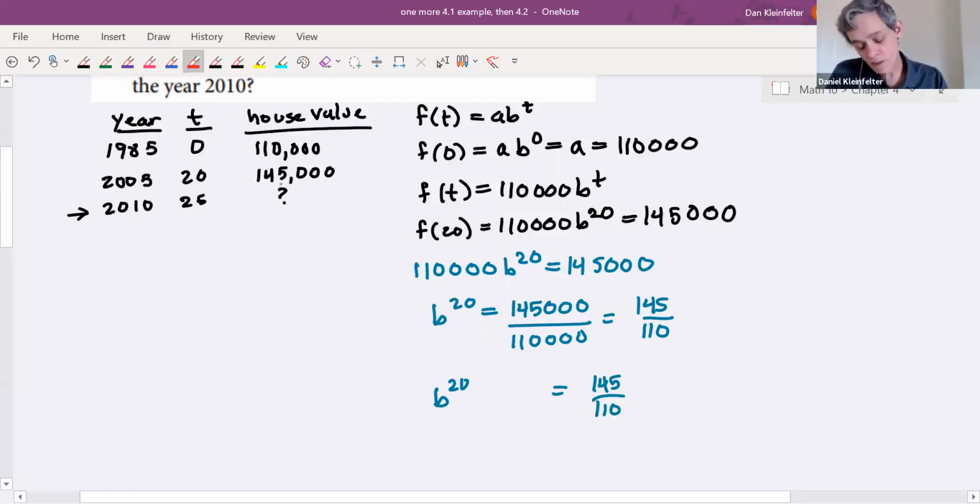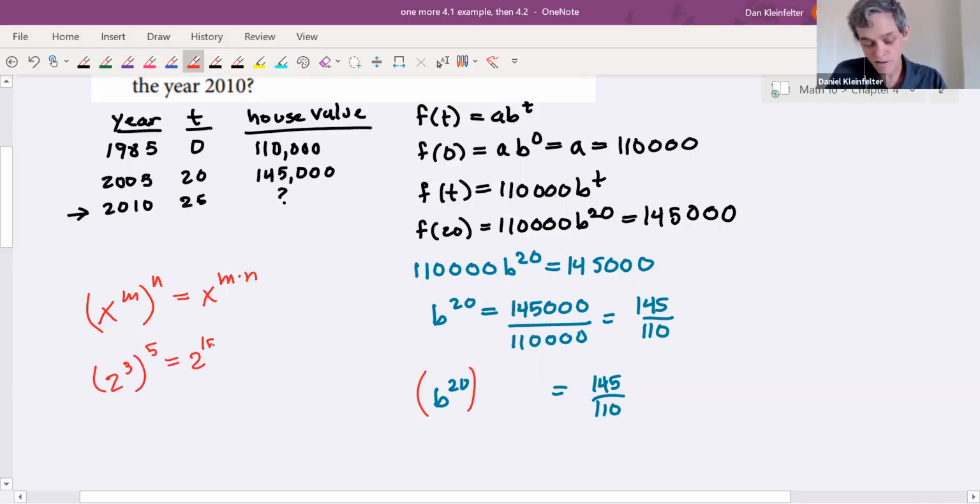So how we're going to do that is we're going to raise it to a power. And what we're going to use is a rule for exponents that says if you have, let's use different letters, x raised to the m power, and then that's raised to the n power, then you should have x raised to the m times n power. For example, 2 cubed raised to the 5th power would be 2 to the 15th power.